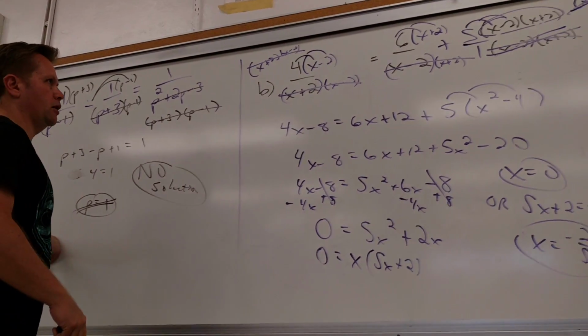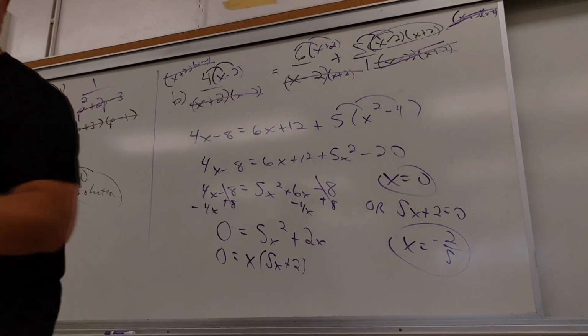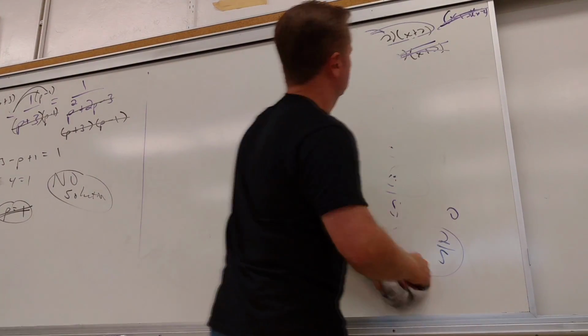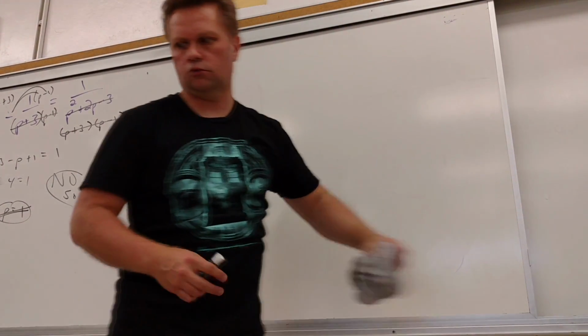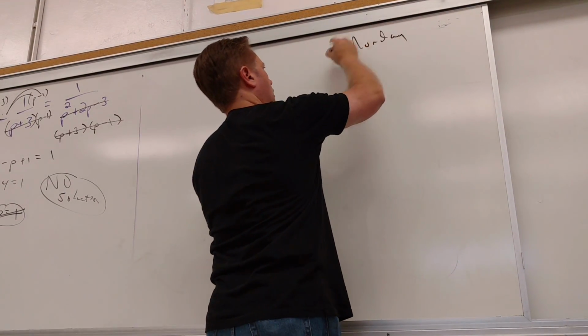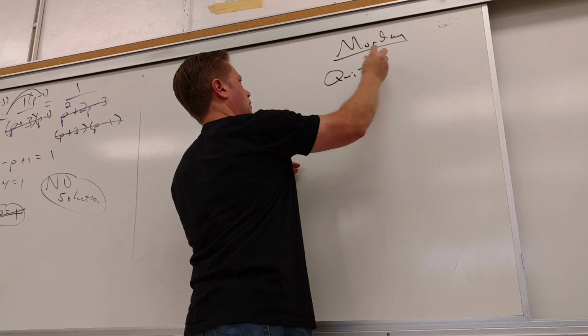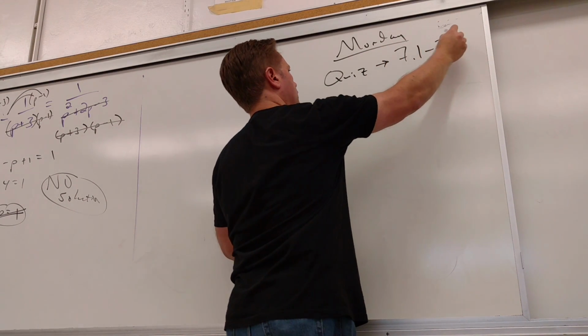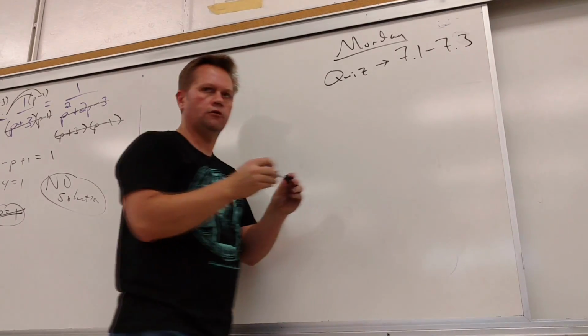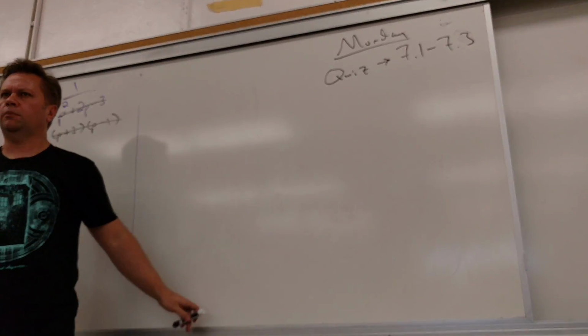On Monday we are having the next quiz, and it's basically going to cover 7.1 through 7.3, because that's what we got through yesterday. So I don't know if you picked up on what I said before.